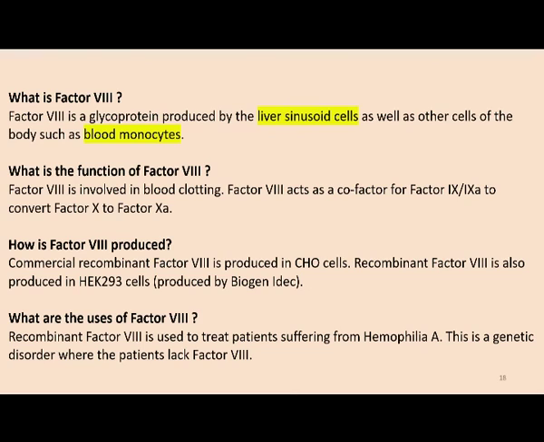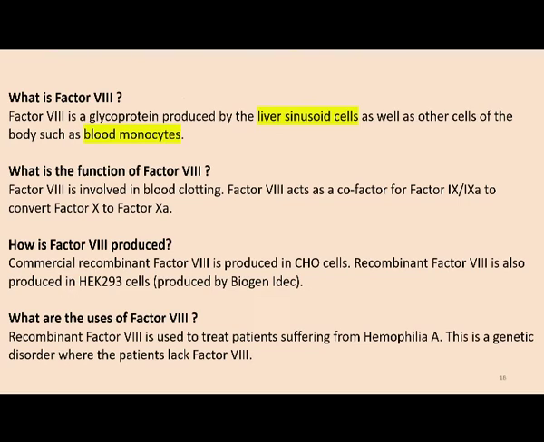Now, absence of any one of these clotting factors can be very lethal, and in fact a number of genetic diseases are known to be caused by the absence of these clotting factors. It's very rare, but it's known. For example, factor 8, and the absence of factor 8 is known to cause a disease called hemophilia A. So, hemophilia A is the disease caused by the genetic absence of the clotting factor 8.